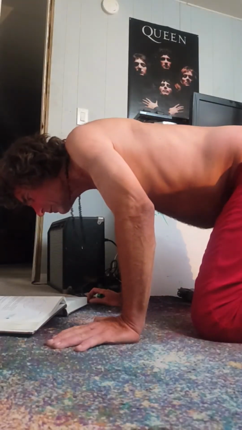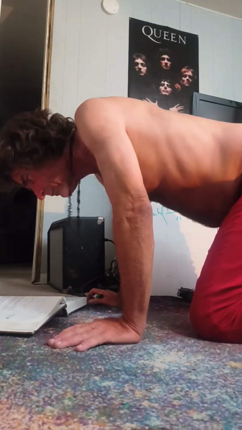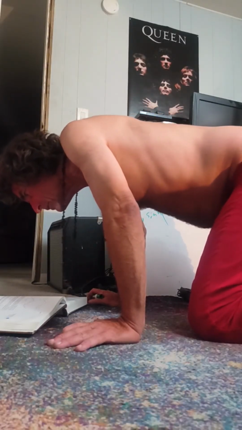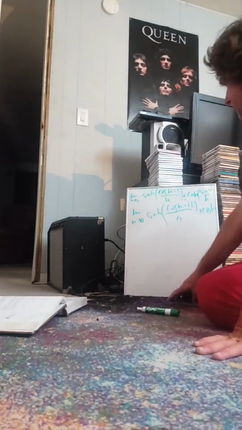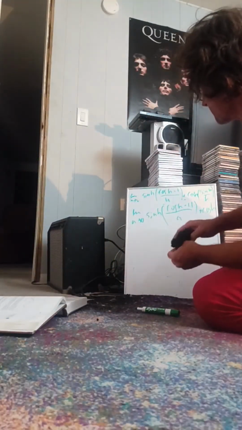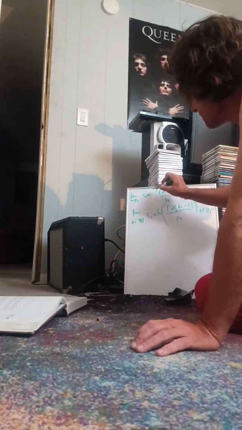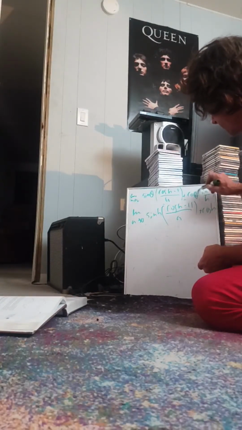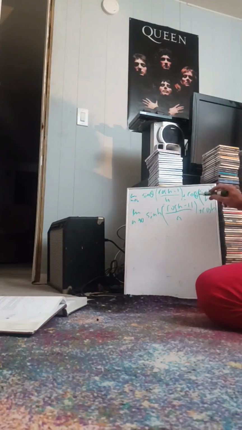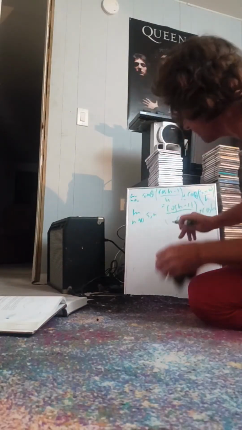Wait a minute, let me just make sure this is right. Actually, I meant that this is sine theta right here. Sorry, guys. This is sine theta. This is cosine theta. The h was the other parts. So it's sine theta. I started out wrong.